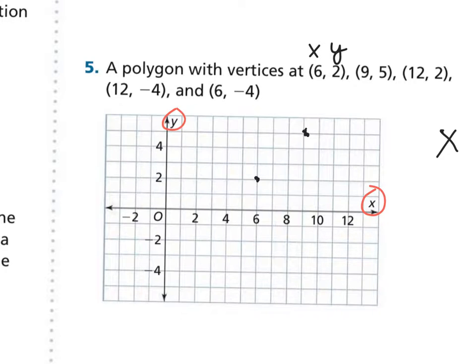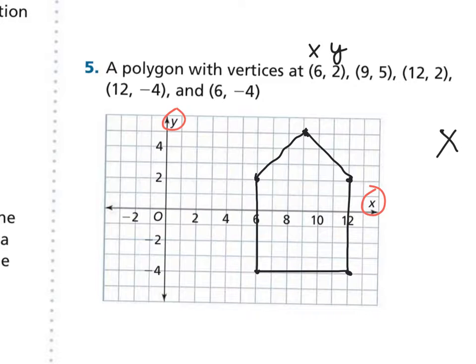So we'll just connect from the first point to that point, and then 12, 2, 12, negative 4, and 6, negative 4. Okay, so we got kind of a home plate looking thing here.